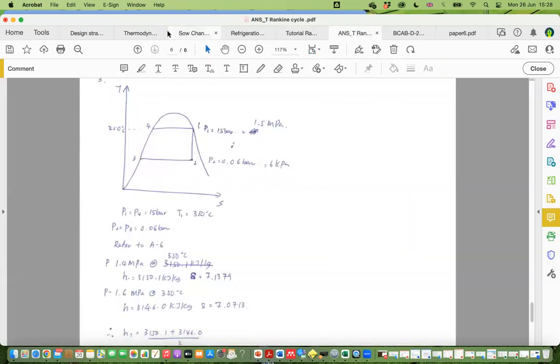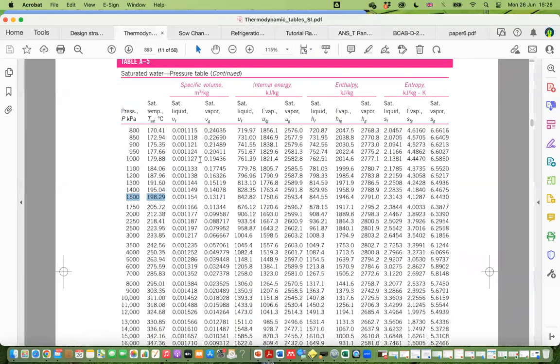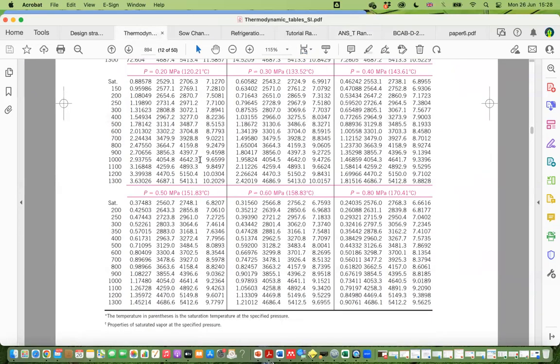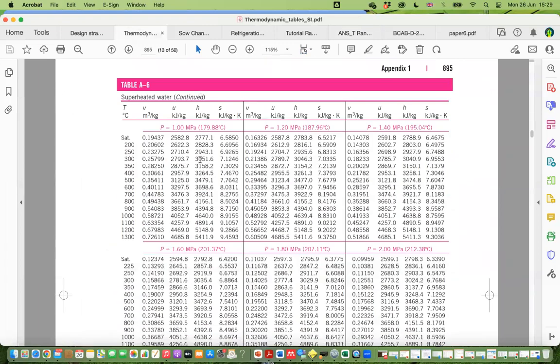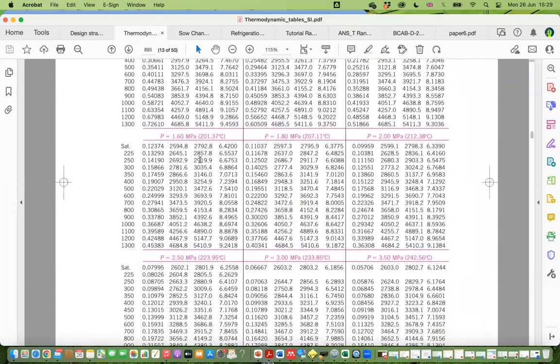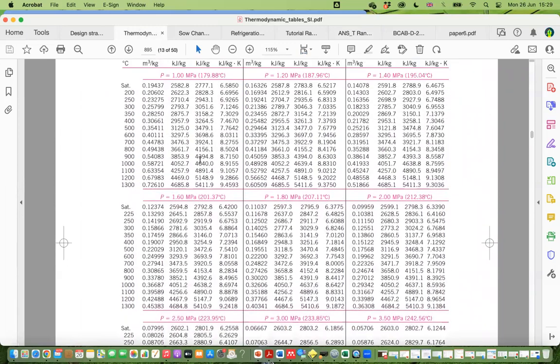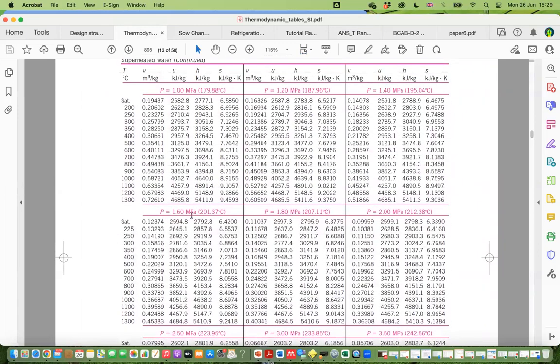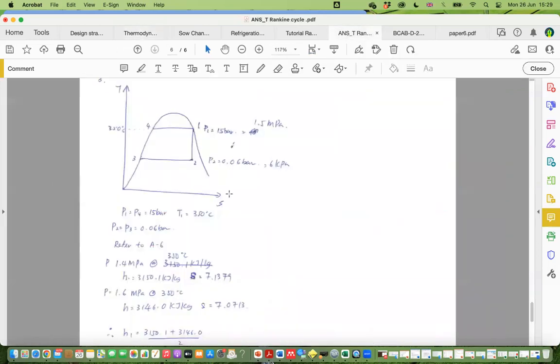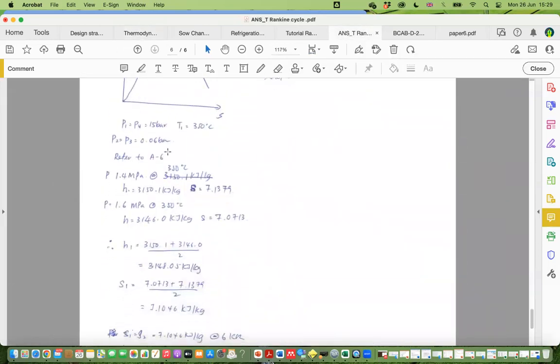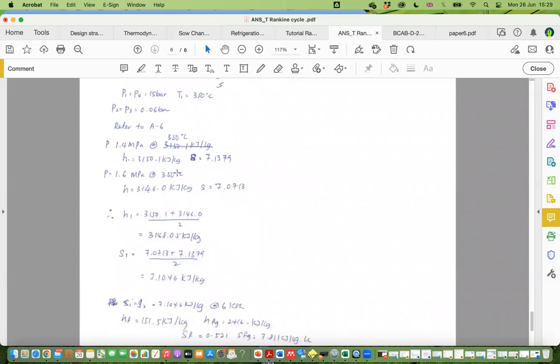So then I quickly refer to superheated at 1.5 megapascal, because 15 bar is 1.5 megapascal. It's between 1.4 and 1.6, and therefore you need to do the interpolation. So you just need h1 at 1.4 plus h1 at 1.6 megapascal, divided by 2.